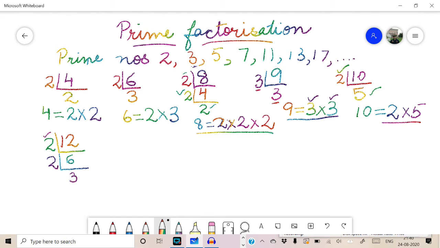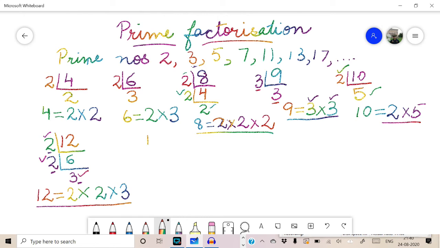Now children, these three numbers are prime. So 12 is equal to 2 multiplied by 2 multiplied by 3. We have multiplied this 2 and this 3. So that is how we got 12 is equal to 2 into 2 into 3.